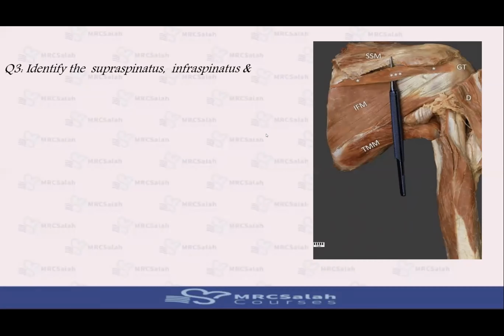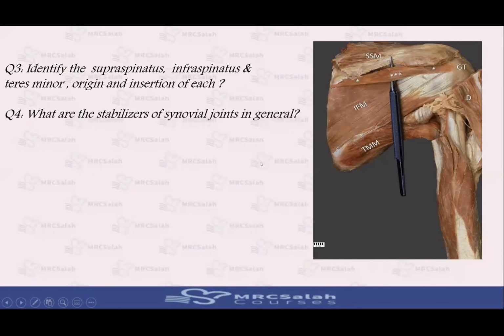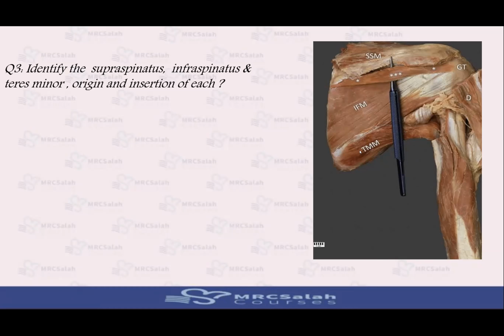Can you point at it, or tell me where it is? For me, supraspinatus is the upper one, above the spine. Yes. Okay, and what about the one below the spine? Below the spine is infraspinatus. Okay, and what about the teres minor? Teres minor is below the infraspinatus, going upwards.